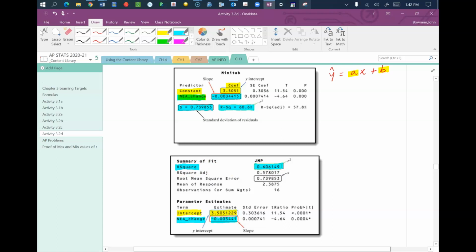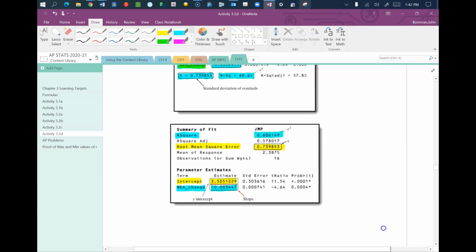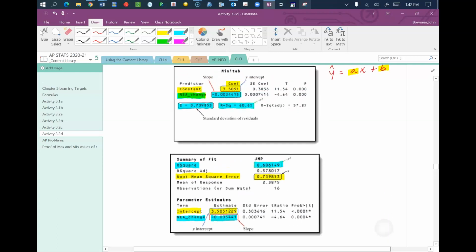In Minitab, it's given as a percent. In JMP, it's given as a decimal. Root mean square error, boy, that's a complicated way of saying S. If you want an explanation of what root mean square error means, let me know and I'd be happy to explain that. So those are a couple of examples of computer output for linear regression.